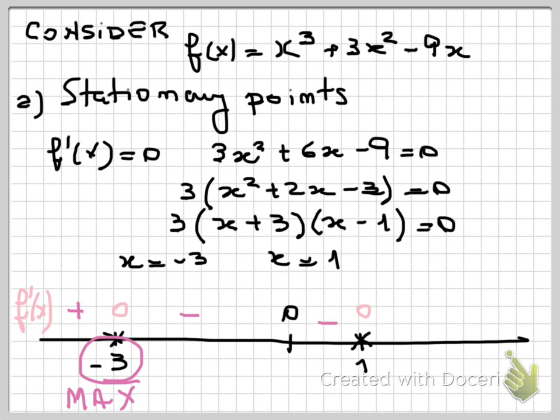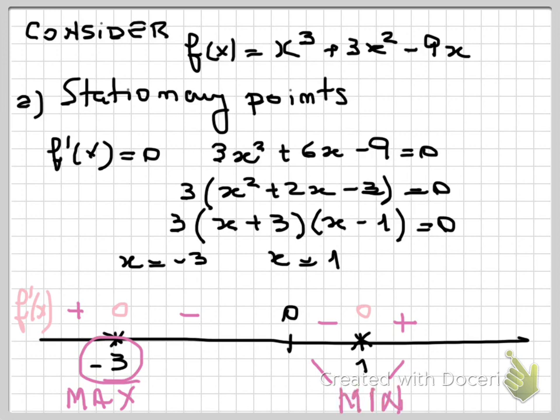On the other side, if we take any number bigger than 1, then both brackets are going to be positive, with the 3 which is also positive, the derivative is going to be positive. If on the left we have a decreasing function and on the right we have an increasing function, this is going to be a minimum.